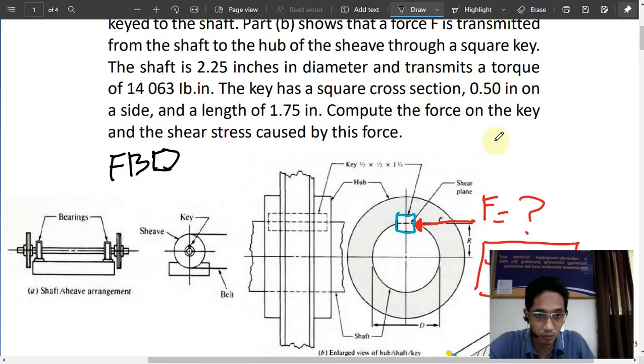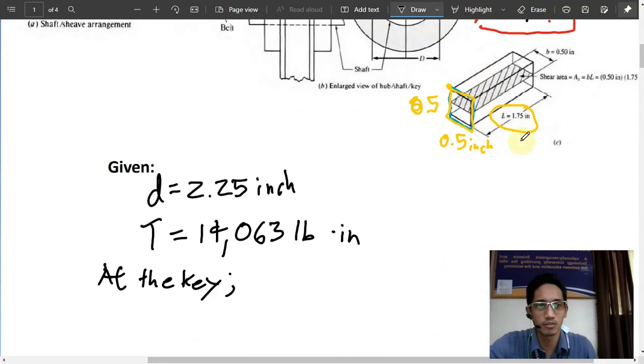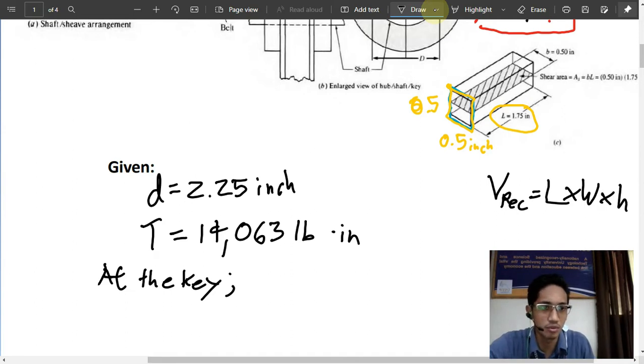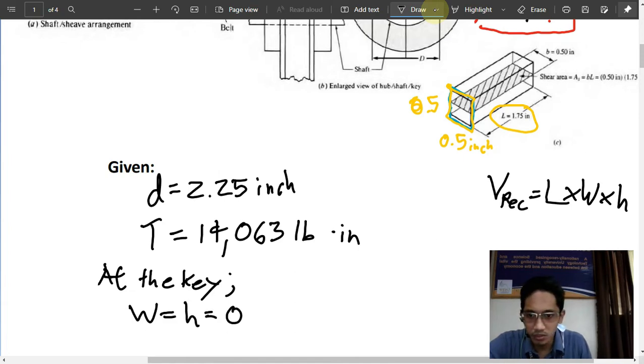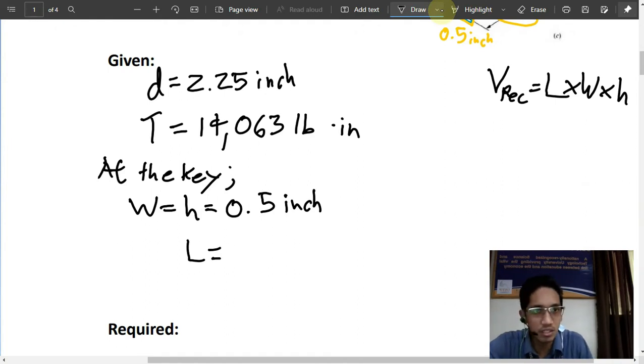As we all know, the volume of a rectangle is length times width times height. The width is equal to the height is equal to 0.5 inches, and the length of the key is 1.75 inches.